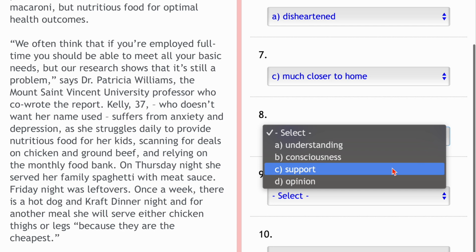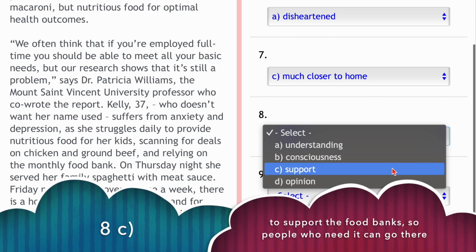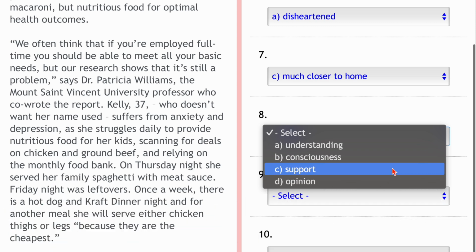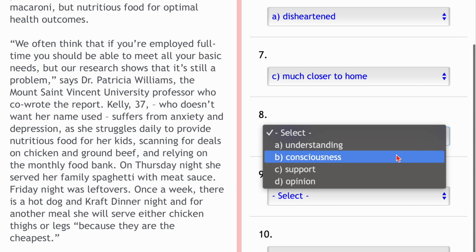It should be support. I want to support the food banks so people who need it can go there, and they can get help. They can get food. Not just understanding, or consciousness, which means being aware about the problem. But we don't want to be aware to the food banks. We want to support the food banks.